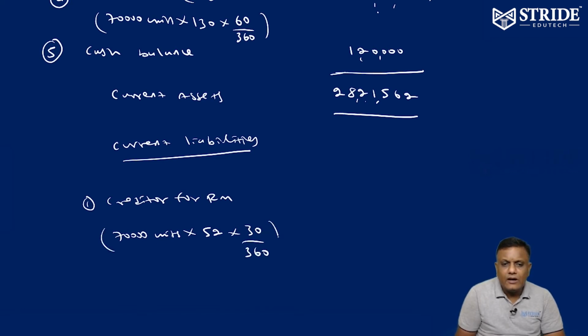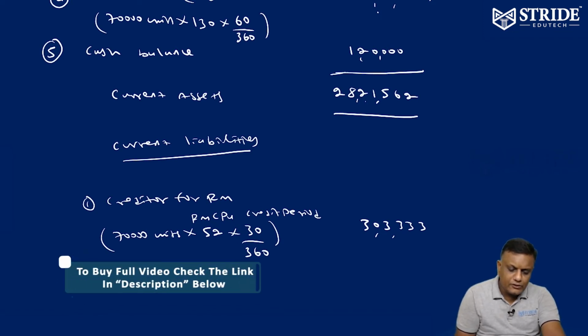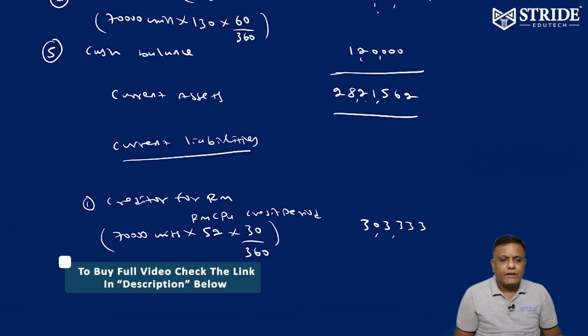This is the raw material cost per unit, and this is the supplier credit period of 30 days. So 70,000 units into 52 into 30 by 360, you will be getting 303,333. We can make payment after 1 month, so 3,03,333 is lagging.